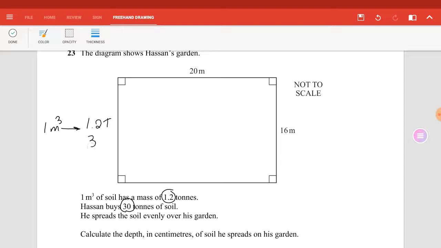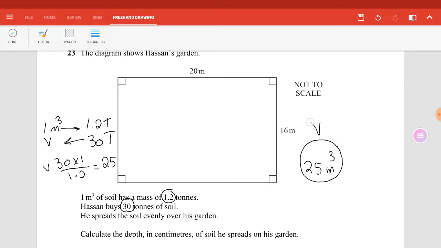So what if we have 30 tons? It will cover a volume of the garden, which is 30 multiplied by 1 over 1.2. This is the volume. It will be 30 divided by 1.2 equals 25. So the total volume will be 25 meters cube.